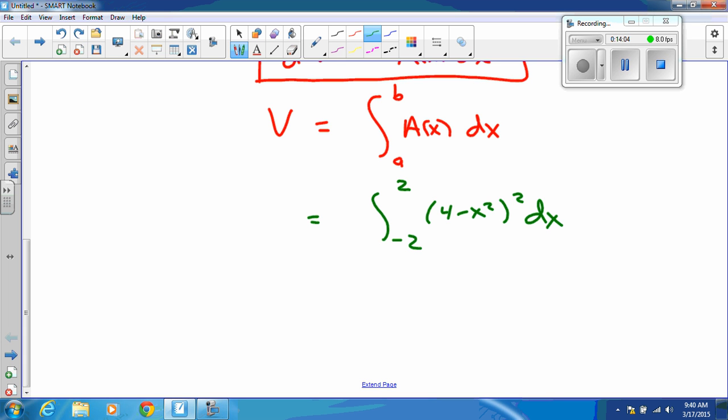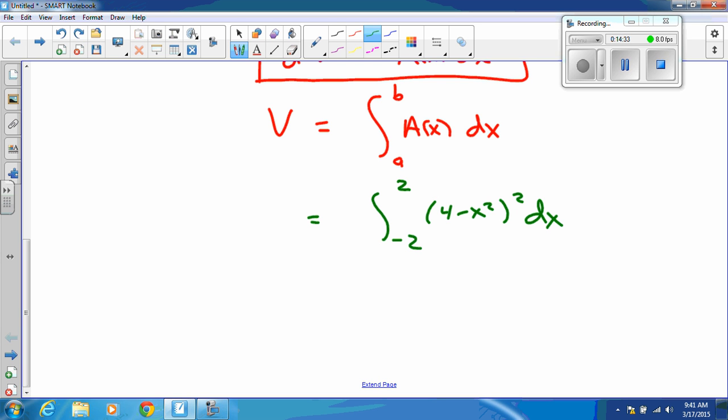Yes? Is it always a square? Nope. We're going to do other kinds of cross sections on this same base. We're actually going to use this region R for the whole day. We're just going to do different cross sections. Can we ever do this with, like, cubes and spheres? The cross sections are always going to be planar areas.